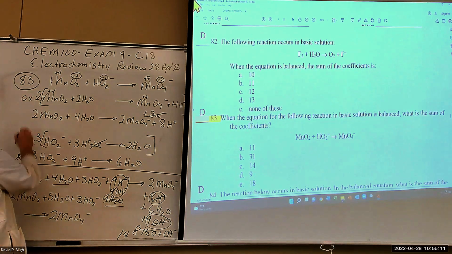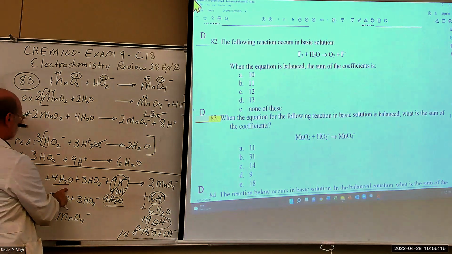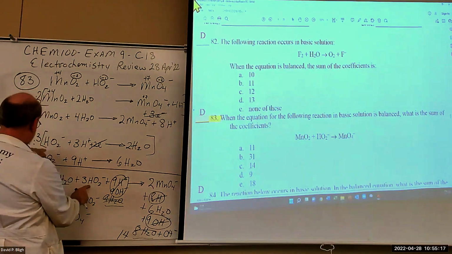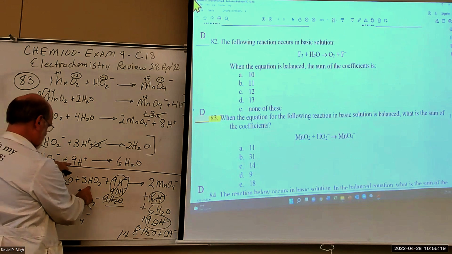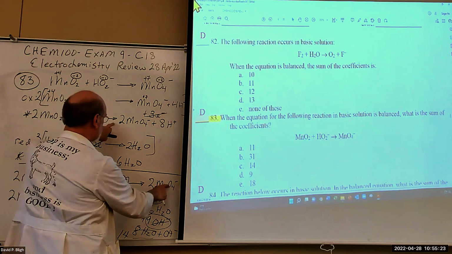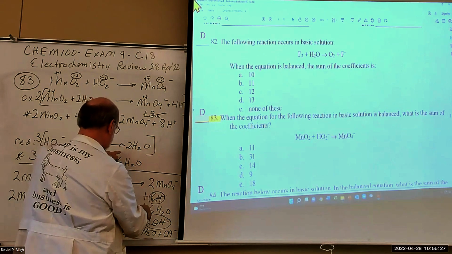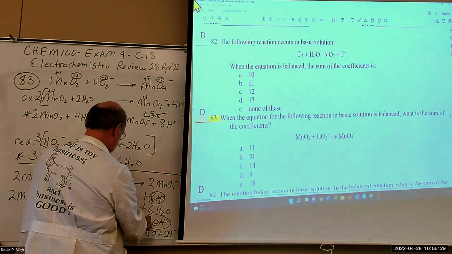Okay, we're looking at this one and this one: 4, 3, 9, and 2 MnO4 and 8 hydrogens and 6 waters.